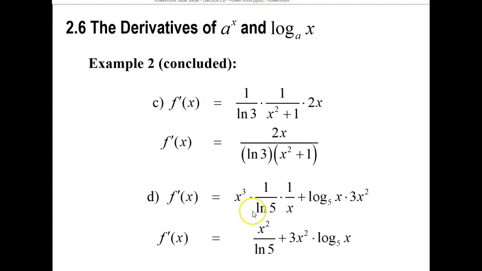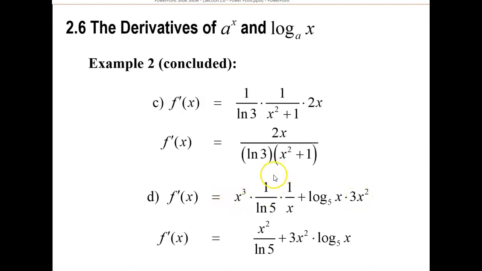All right, and then the last one we have to use the product rule because it's a product of two functions involving x. So x cubed was the first function times 1 over natural log of 5 times 1 over x, which is the derivative of log base 5 of x, plus the second function, log base 5 of x, times the derivative of the first function, the derivative of x cubed, which is 3x squared.